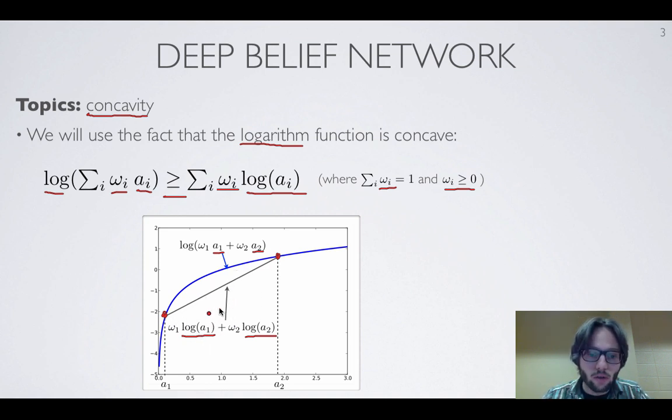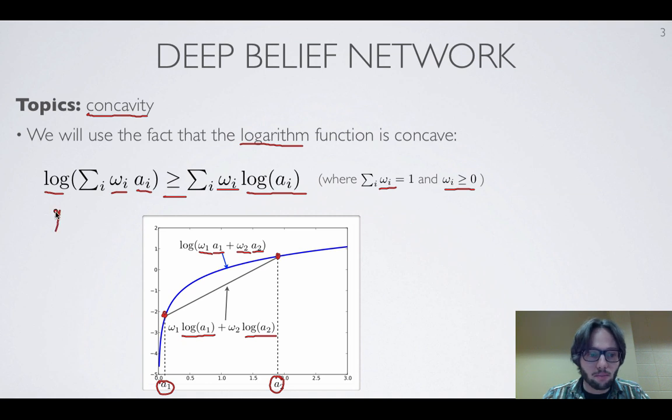That line is always going to be below the logarithm of the weighted average between a1 and a2 using the same weights. So visually we see that for a concave function, this line is below the actual function.